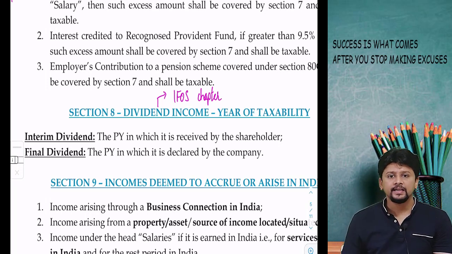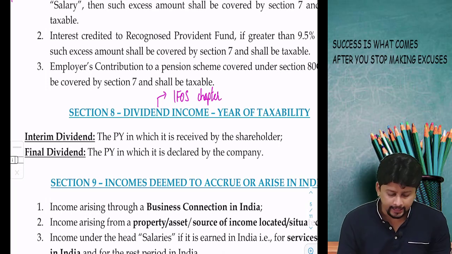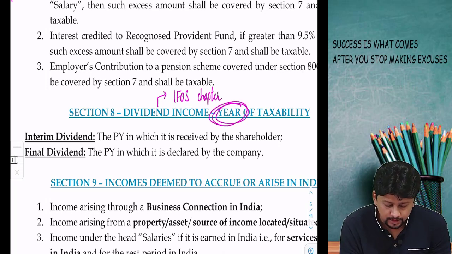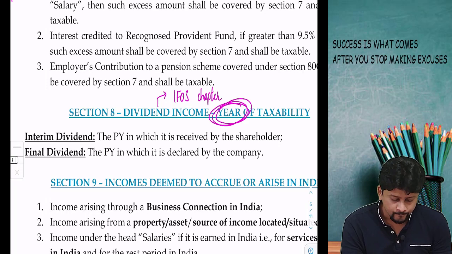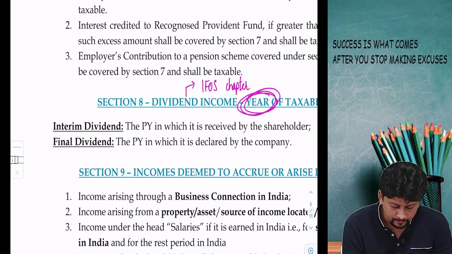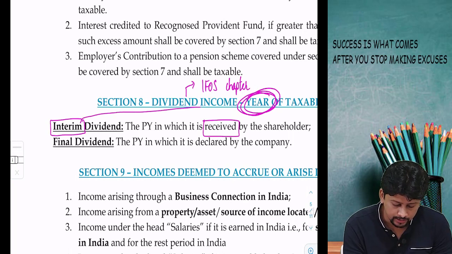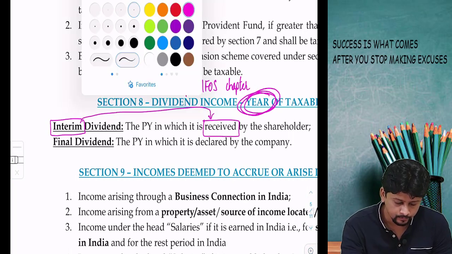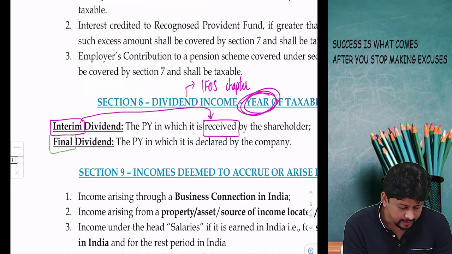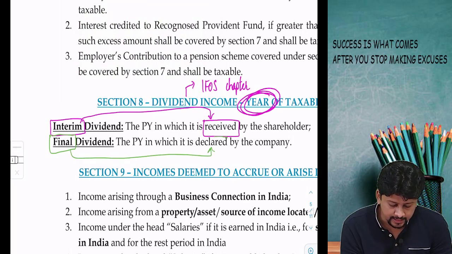What is section 8 telling you? Section 8 helps you to decide the year in which it will become taxable. If it is interim dividend, it is taxable in the year in which the shareholder receives it. And if it is final dividend, it is taxable in the year in which it is declared by the company.